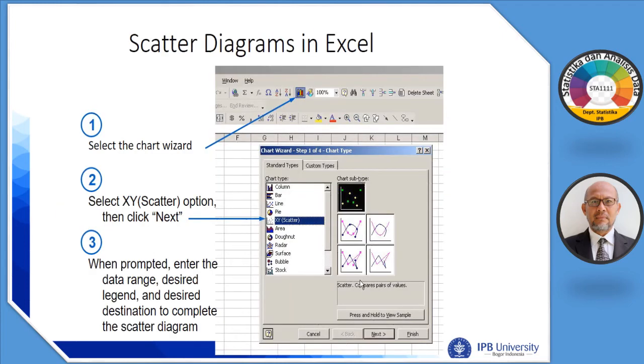This slide just demonstrates how to use Excel to make a scatter plot. This is easy, step by step. For example, step 1, select the chart wizard, then the second step, select X and Y options, and then after that you can click X and Y scatter plot.